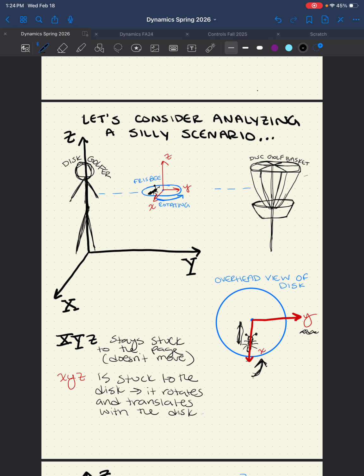Okay, and lastly, the ant moves forward and backwards along the pure X direction of the disk.